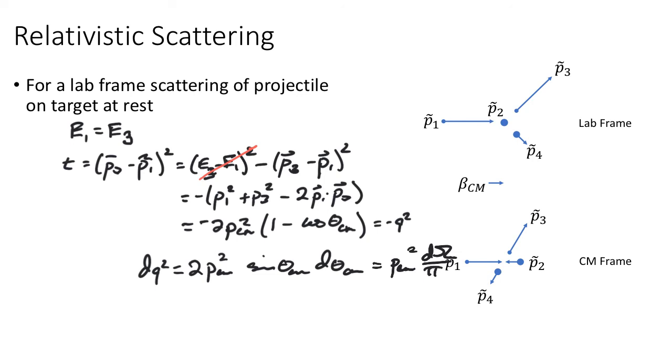And we can connect that back now to Rutherford scattering. In that case, the mass connected with P1 is much less than the mass at P2, and V1 is much less than 1, much less than the speed of light.